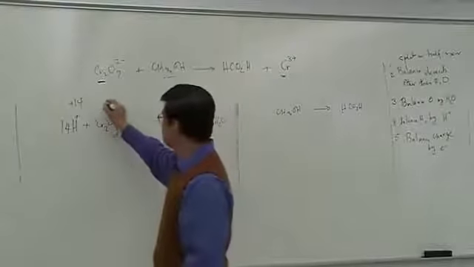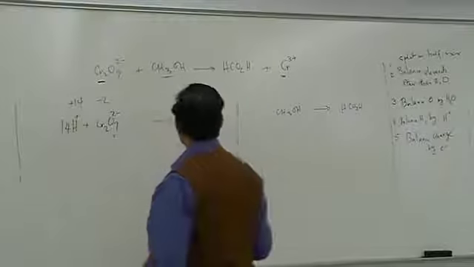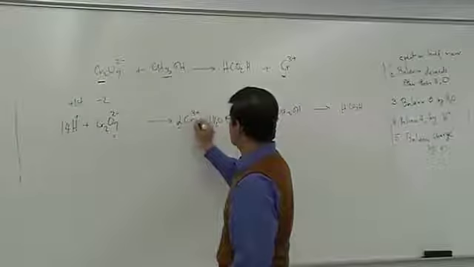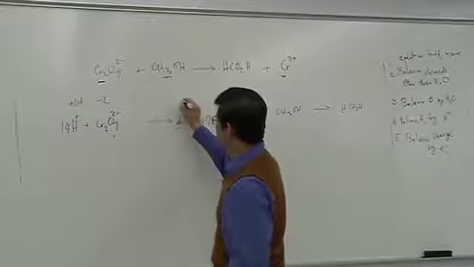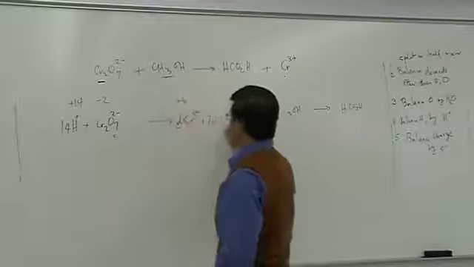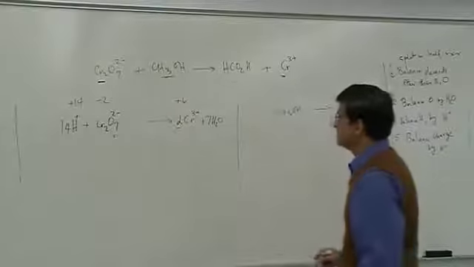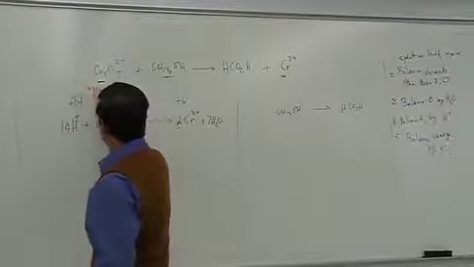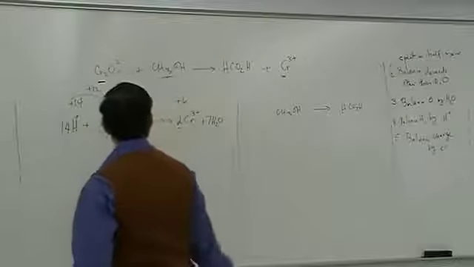Cr2O7 2- is -2. So on the left hand side I have plus 12. On this side I have 2 times the 3+ on each chromium, so it's plus 6. And water is 0, it's neutral. So I have plus 12 on the left hand side, plus 6 on the right side.